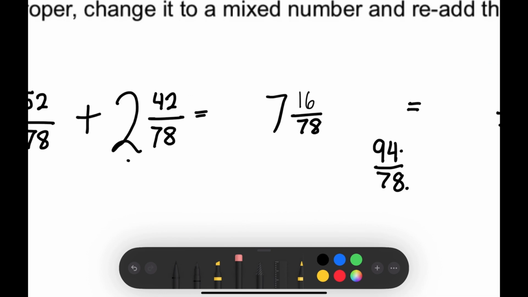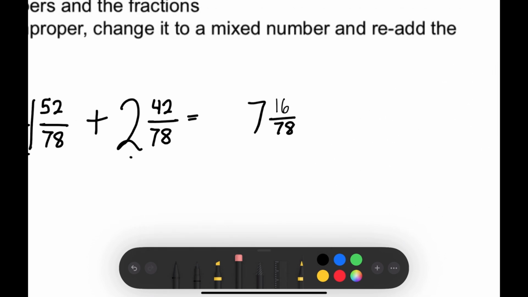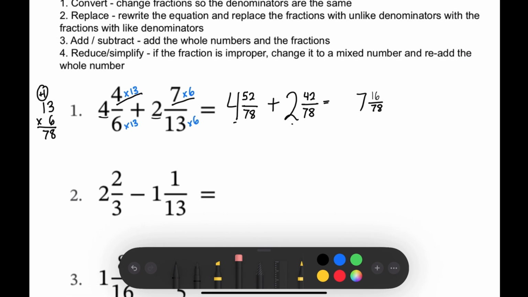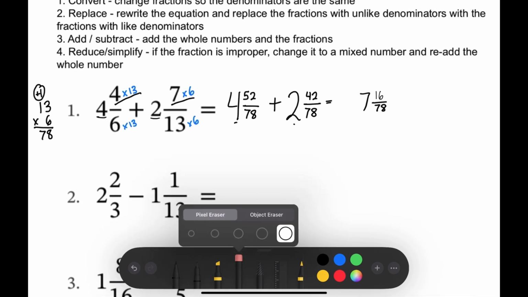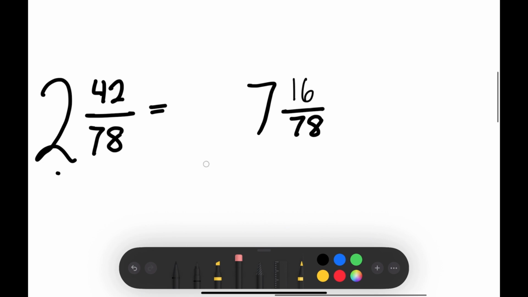Now, let's simplify this a little bit. So first, let me erase all the stuff that we don't need. And this is what we have so far. We are going to be simplifying this fraction. So we've ended up with 7 wholes, but we can simplify this fraction right here because I know that you can divide it at least by 2. So the 7 stays the same, but if we divided 16 by 2, we get 8.